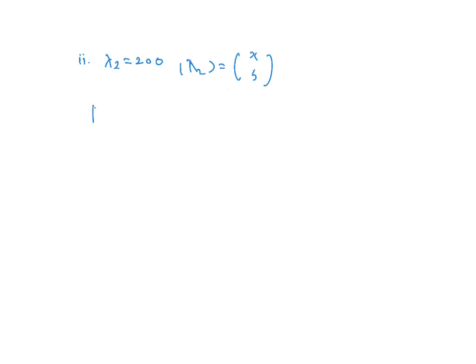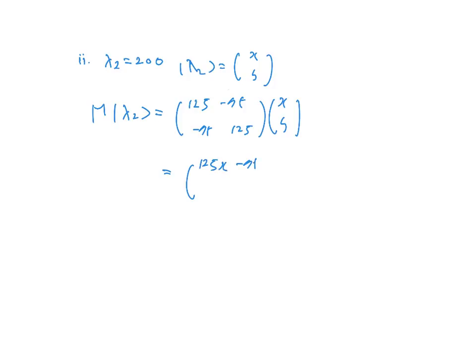Okay, so M times lambda 2 is (125, minus 75; minus 75, 125) times (x, y), which is 125x minus 75y, minus 75x plus 125y, equal to 200x, 200y.